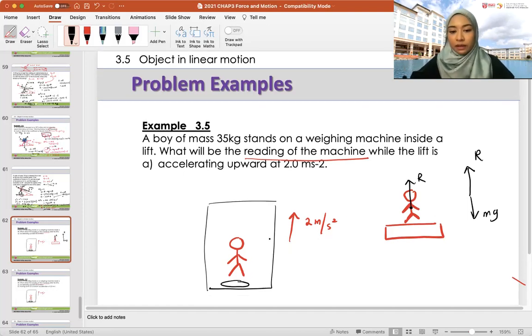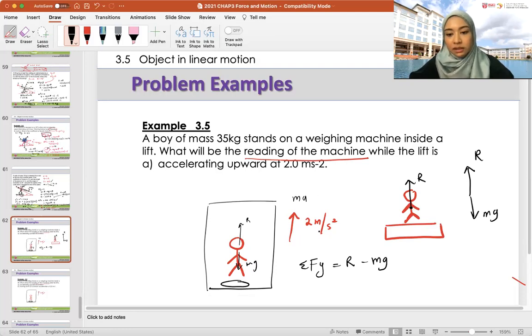When we are in a lift and the lift is either accelerating upwards or accelerating downwards, the net force in our y will be R minus mg, right? Will be R minus mg, and also akan ada this ma.